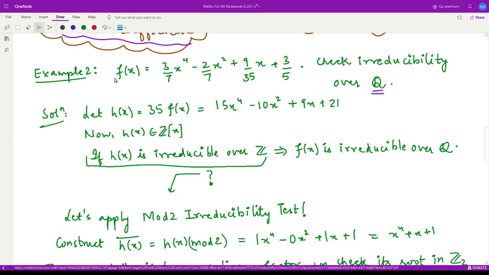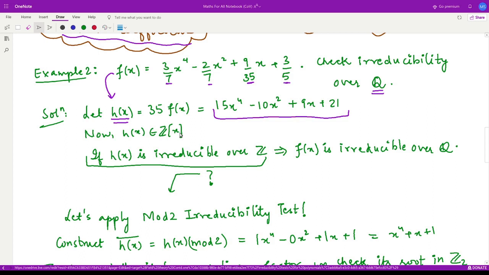For that, we create another polynomial having integer coefficients. How can we do that? We take the LCM of these denominators, that would be 35, and then we multiply the whole polynomial with 35 and we obtain this. Now this polynomial has all the coefficients as integers, right?